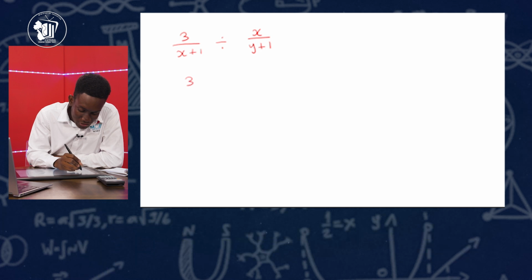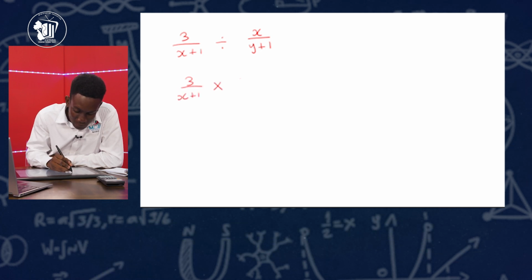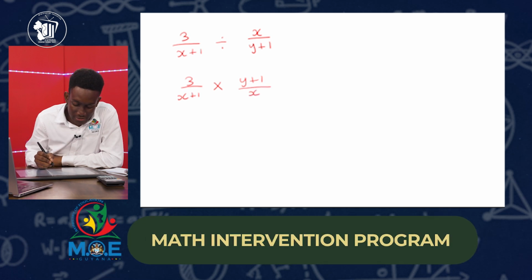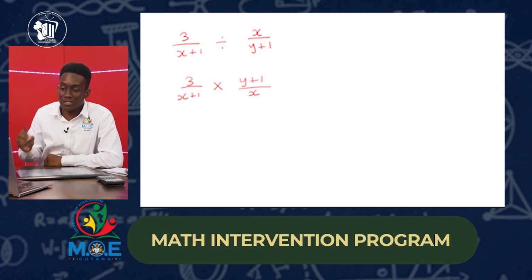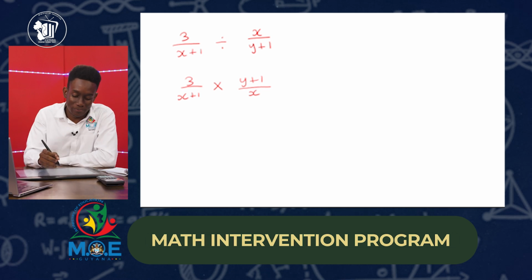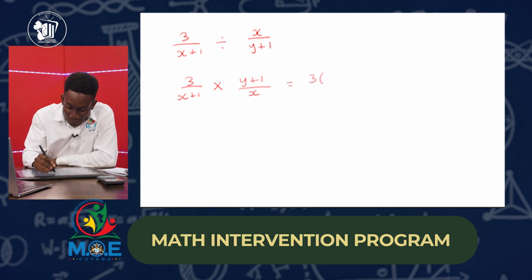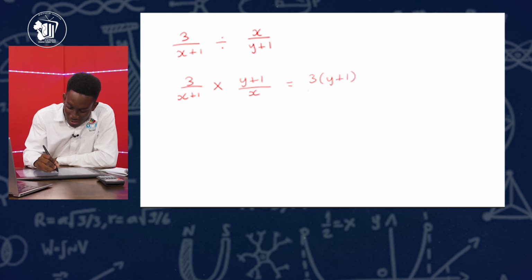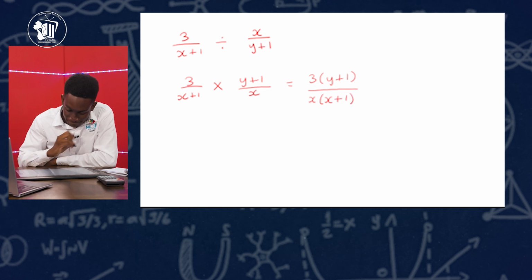So this will be 3 over x plus 1 multiplied by y plus 1 all over x. And then we multiply the top by the top and the bottom by the bottom. So the top piece will have 3 multiplied by y plus 1, all over x multiplied by x plus 1.